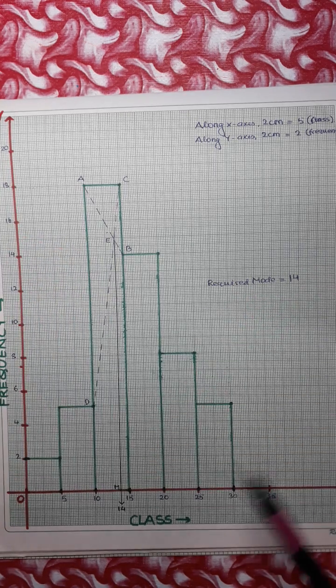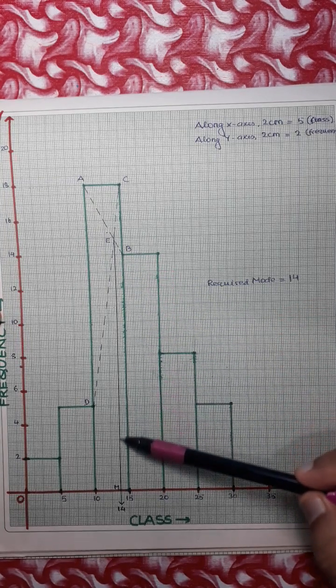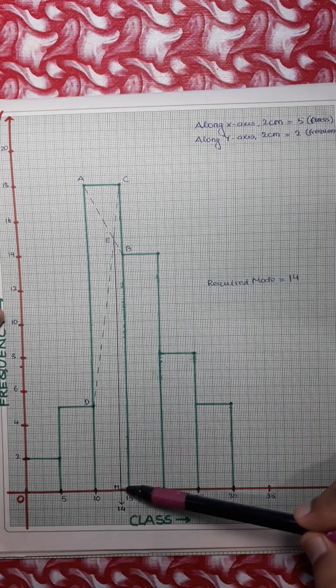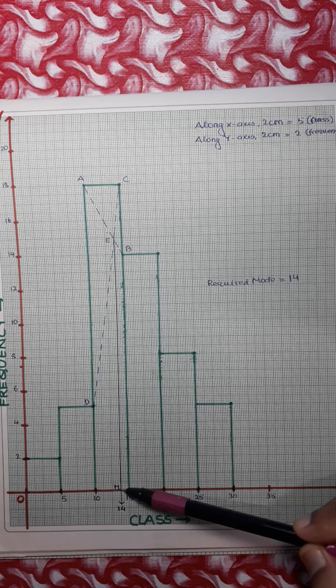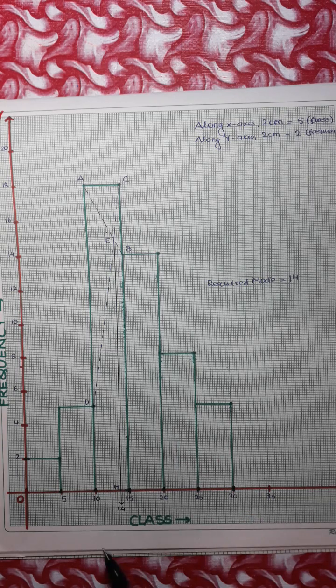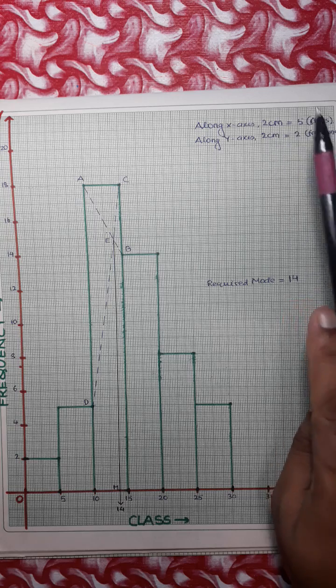Now see dear students, the line which touches or crosses the x-axis will give you the mode. Again for the calculation part, just see here 5 to 10. 5 to 10 means 5 units. That means along the x-axis we have taken 5 units equal to 2 centimeter.